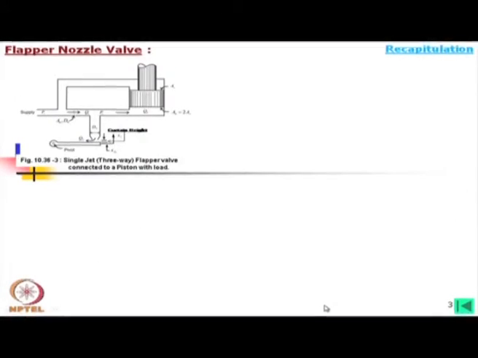Now, what is a flapper nozzle valve? In the case of the 3-way spool valve, we have seen that the spool is controlling the flow.